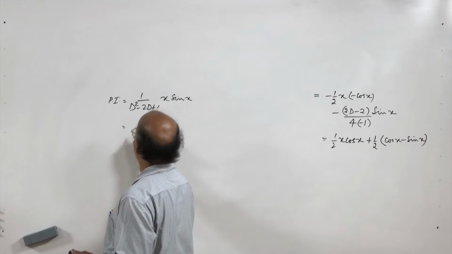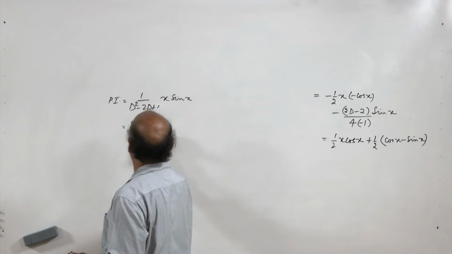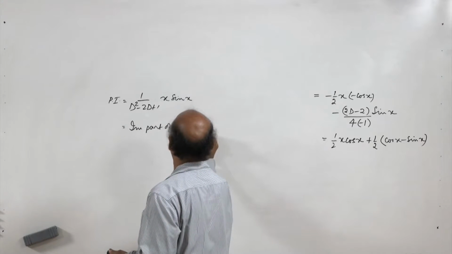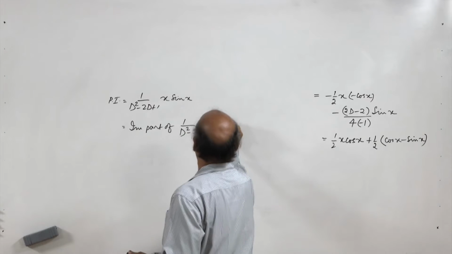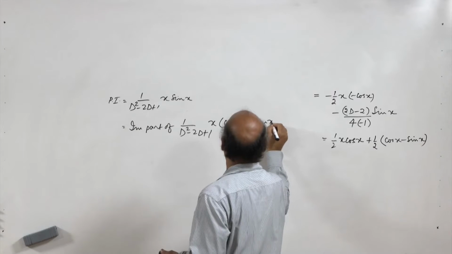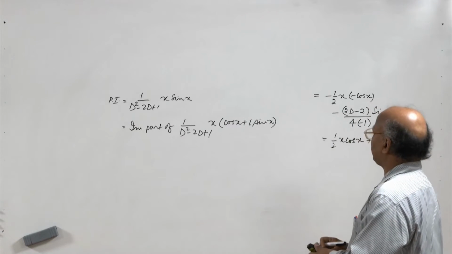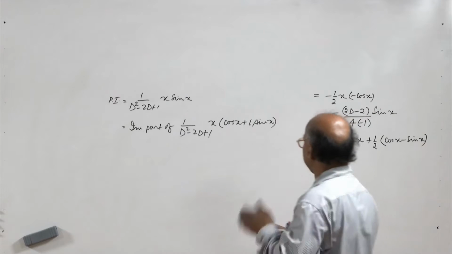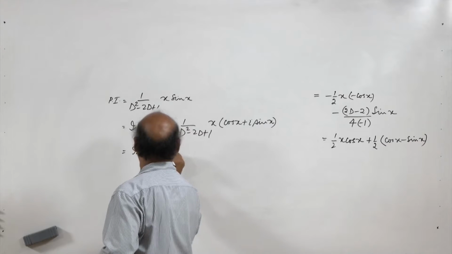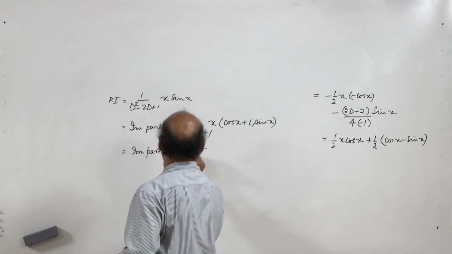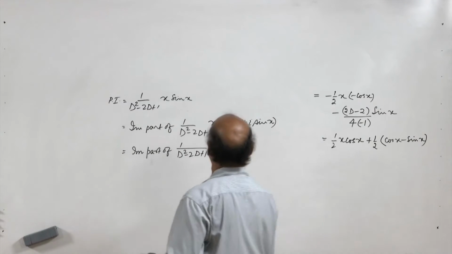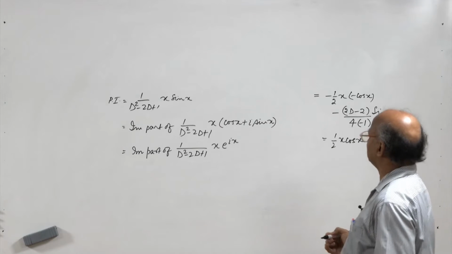What we do is we can write it as the imaginary part of 1 over D squared minus 2D plus 1 operating on x times cos x plus i sin x. x sin x is the imaginary part of x times cos x plus i sin x. Now, this is equal to the imaginary part of 1 over D squared minus 2D plus 1 operating on e to the power ix, because e to the power ix is cos x plus i sin x.